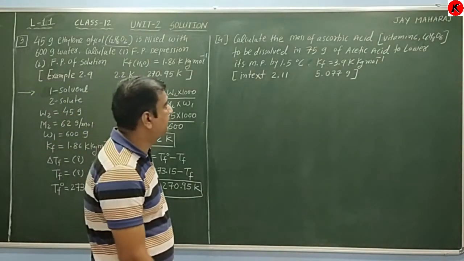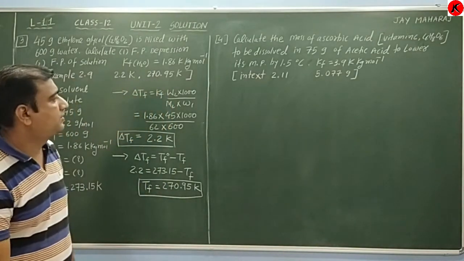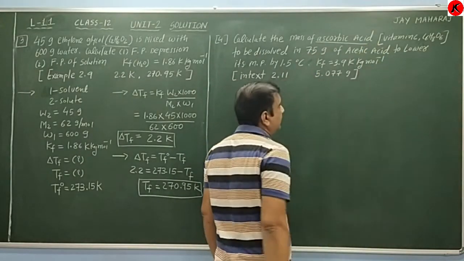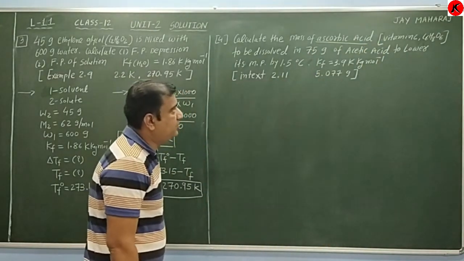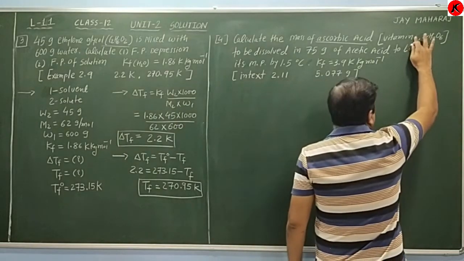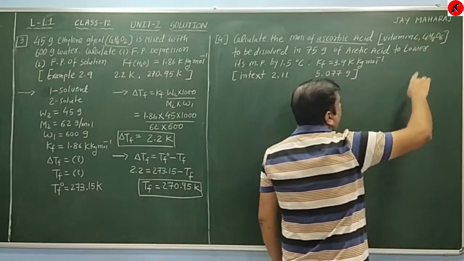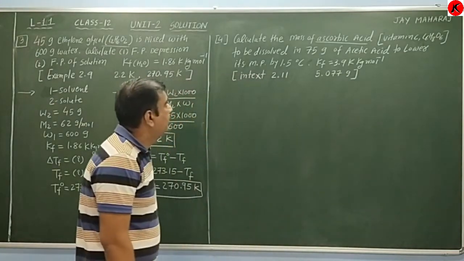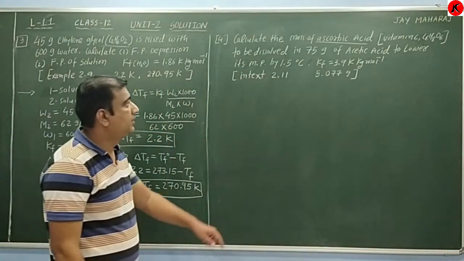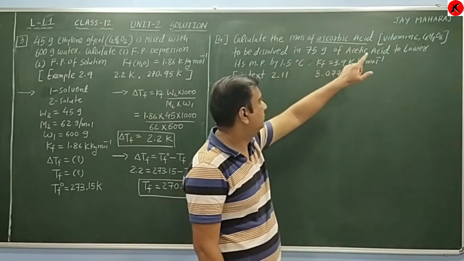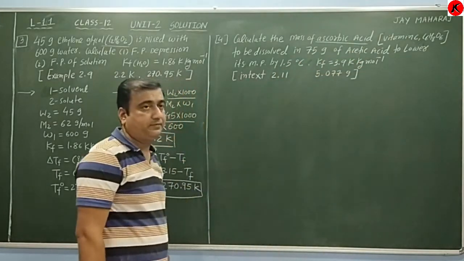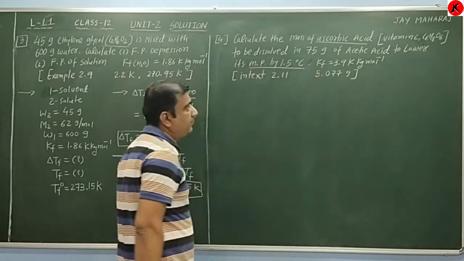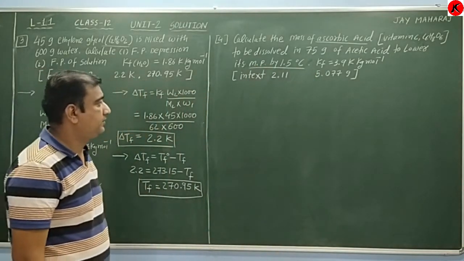Now next example, calculate the mass of ascorbic acid, that means vitamin C, having formula C6H8O6, to be dissolved in 75 gram of acetic acid to lower its melting point by 1.5 degrees Celsius.